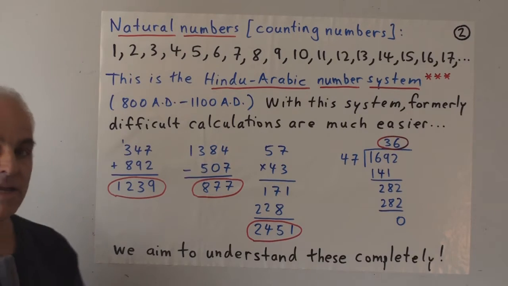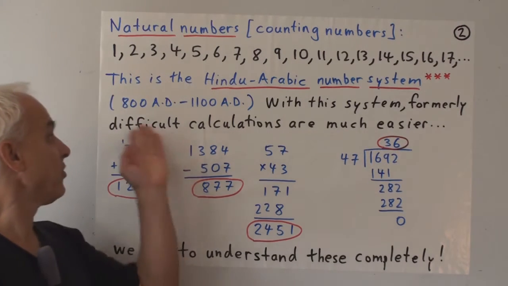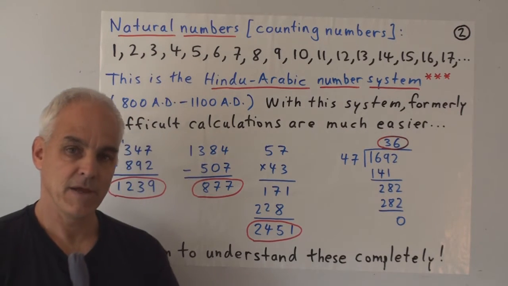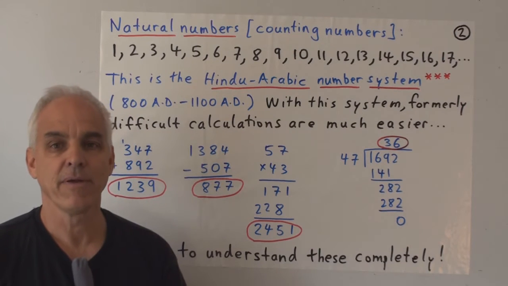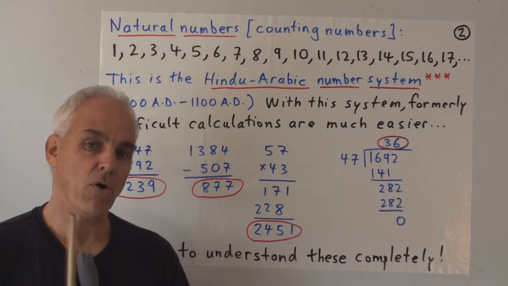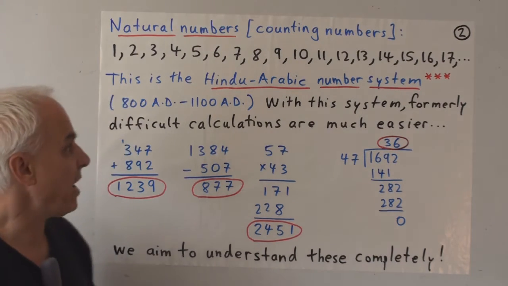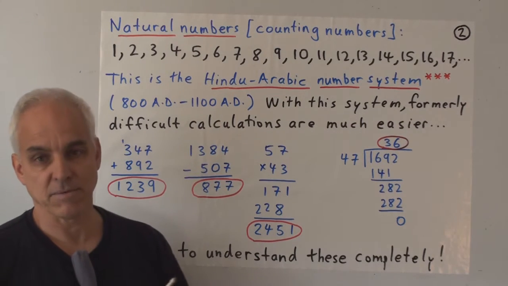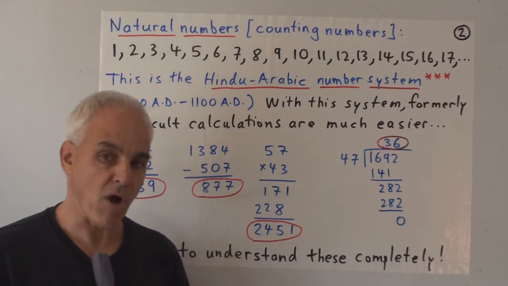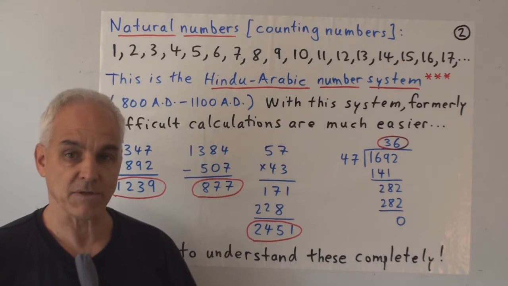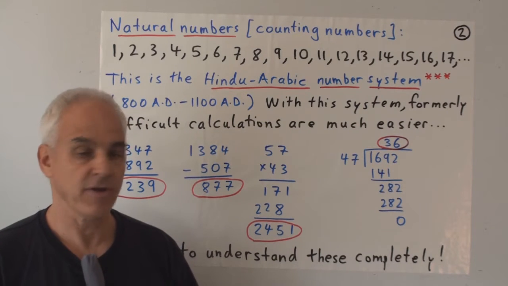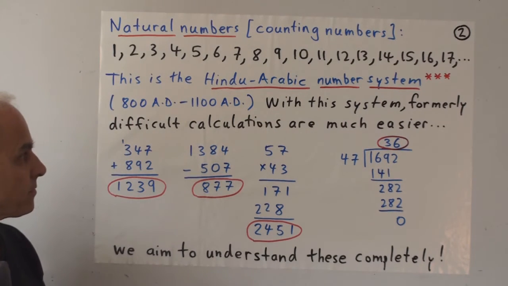It was developed in India around 800 AD. It took quite a long time to develop, and it was subsequently honed and perfected by Arab mathematicians. And I say that very broadly, so Arab-speaking mathematicians, including Persians and other people.